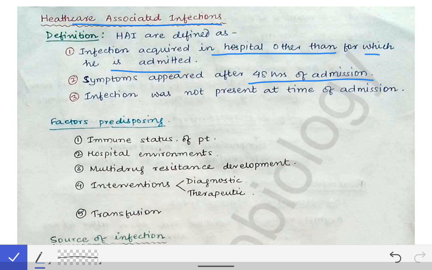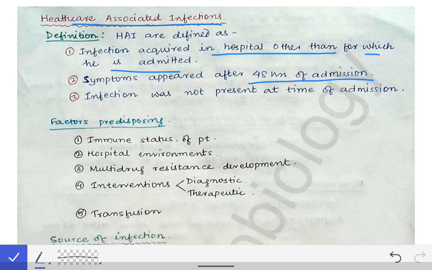Only if the symptoms occur after 48 hours of admission. If the symptoms start occurring within 48 hours, he must have acquired that pneumonia or respiratory infection in the community already, before admission.